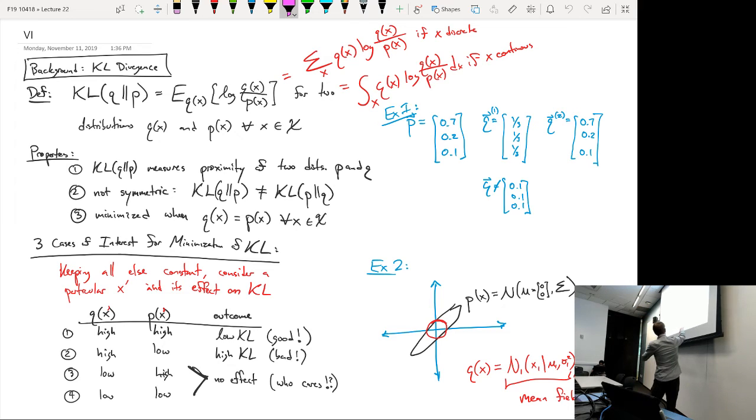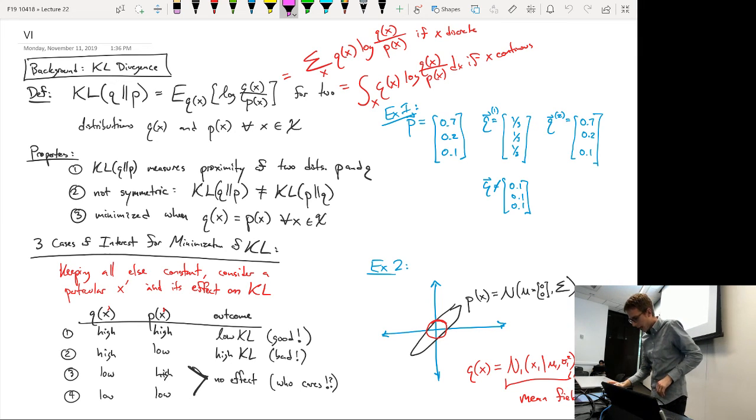So Q of x has to be like a symmetrical, let's say, so it doesn't have to be a symmetrical distribution. It could have stretched itself out horizontally or vertically.